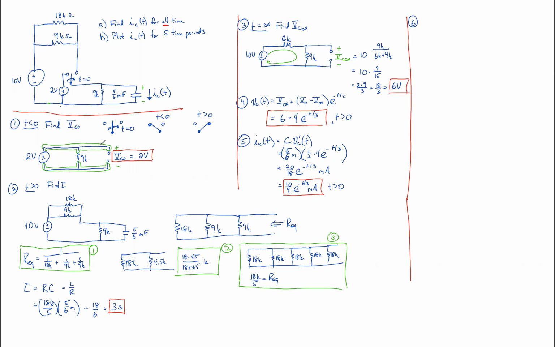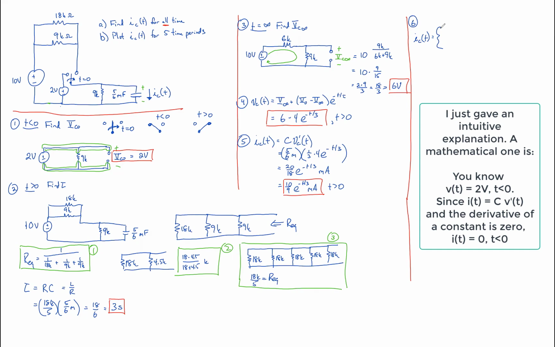And for time less than 0, you can see the current through this open is going to have to be 0. So for all time, this is equal to 0 amps for time less than 0, or 10 over 9 e to the minus t over 3 milliamps for time greater than 0.